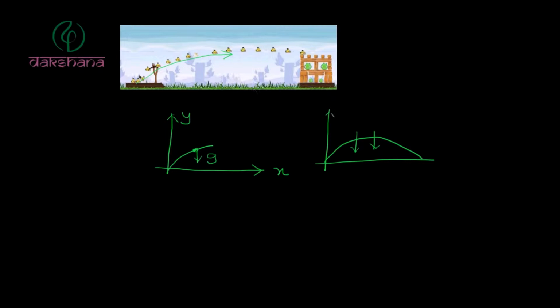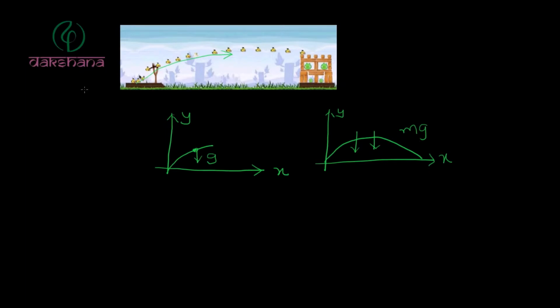As you can look at here, this is our y and this is our x. The only force is mg, that is the gravitational pull by the earth, the force of gravity.